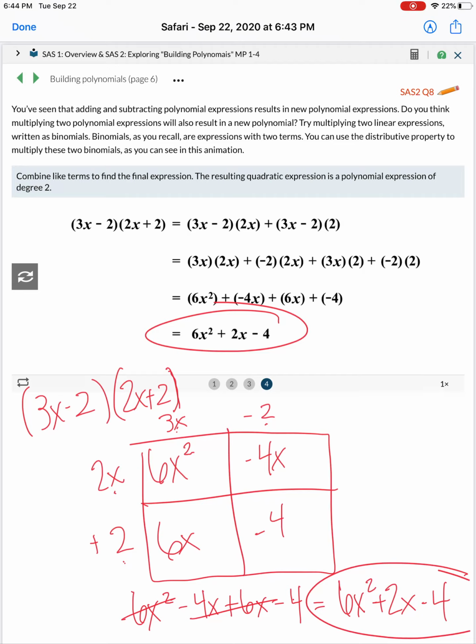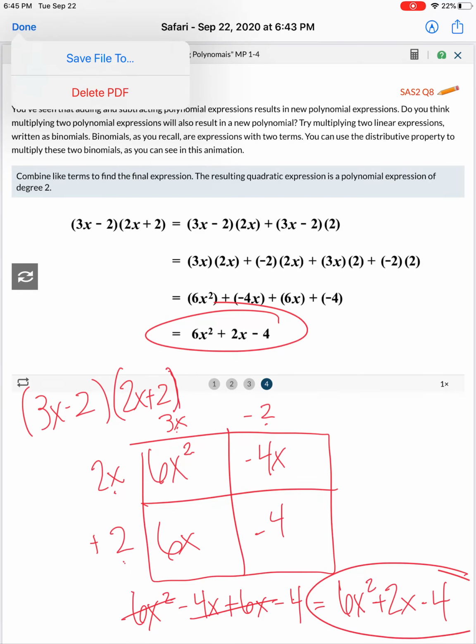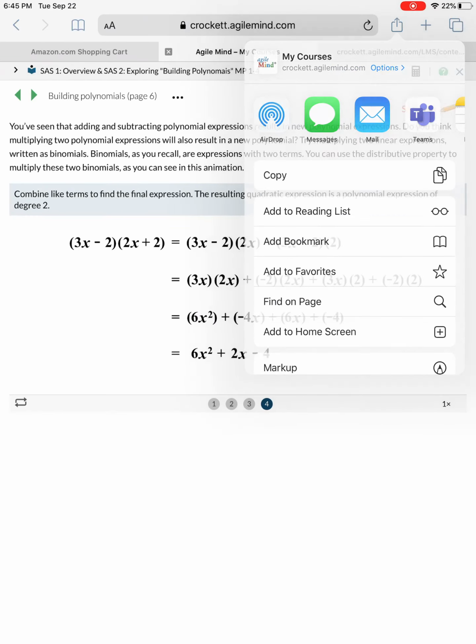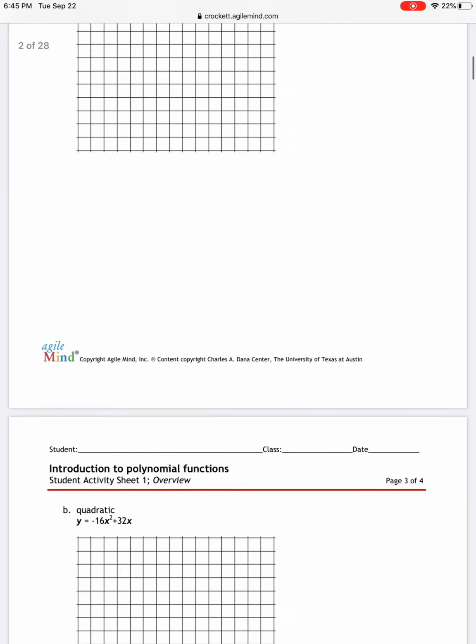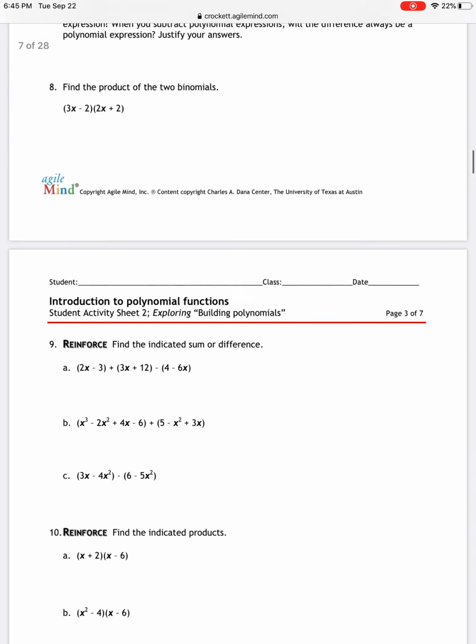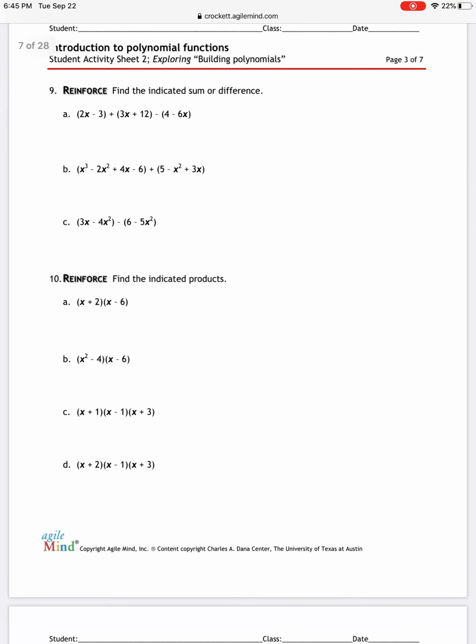All right, let's see. So I want you to do on your own all of number 9. It's the reinforce. I'll go to it so you can see what I'm talking about.